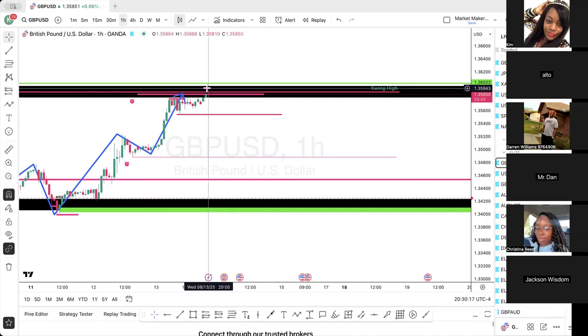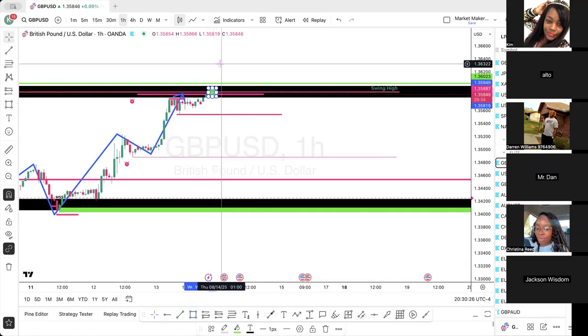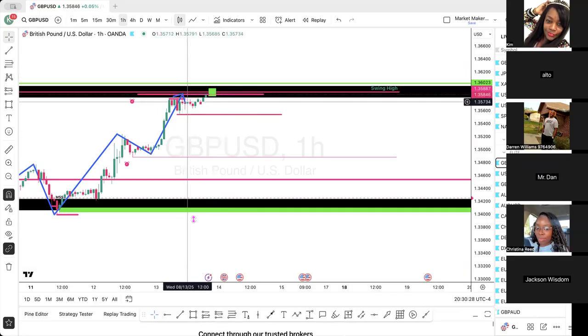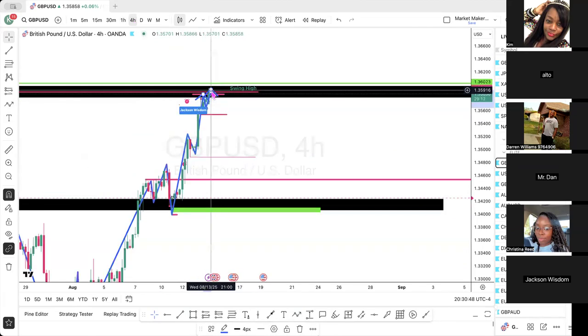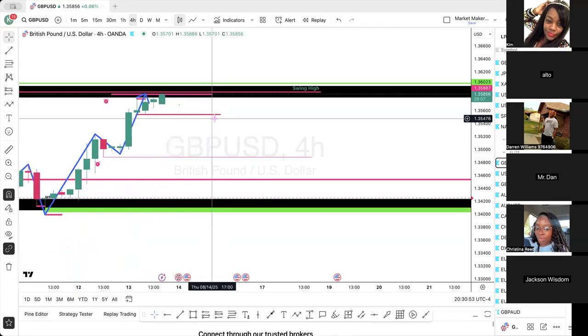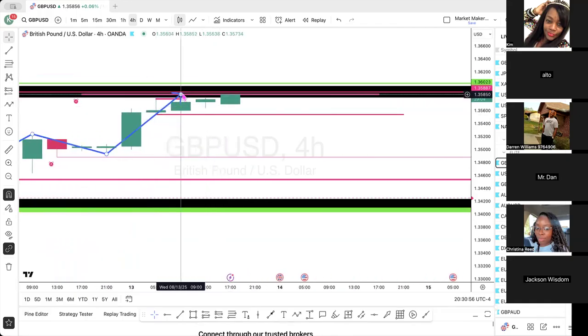And if price closes up here, if you get a closed candle above this high, then you have a new structure formed. This came here, this pulled back, and then this pushed up here. So you have new structure. But even on the 4 hour, right now this is your high.